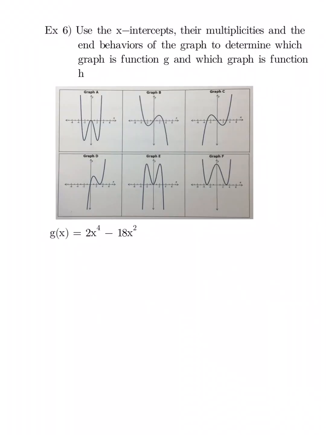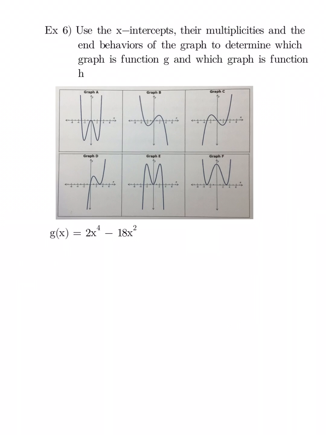On this example, we will be using the x-intercepts and their multiplicities and the end behaviors to determine which of the graphs goes with function g and which of the graphs goes with function h. So we are given 6 graphs, and then we are given that function g is 2x to the 4th minus 18x squared.